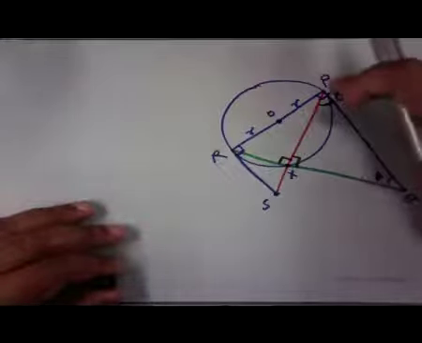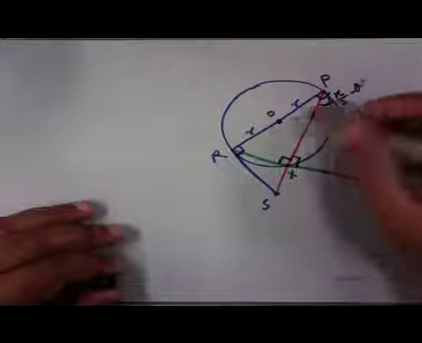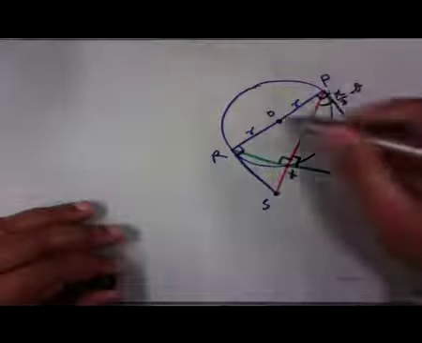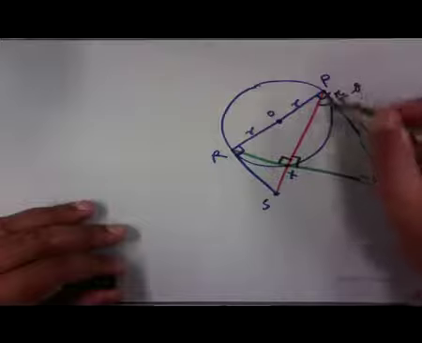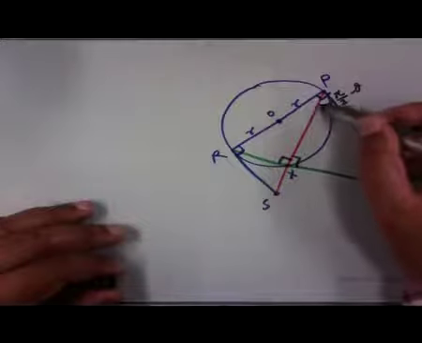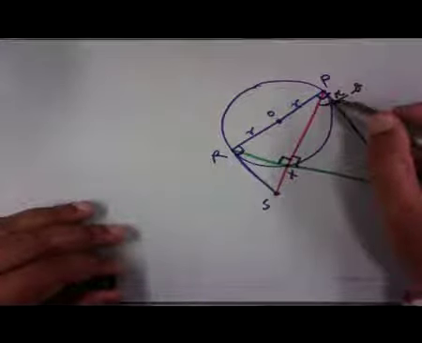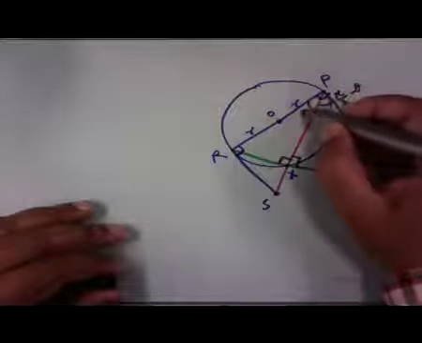Since PQ is a tangent, this angle OPQ is 90, and this part of that angle is pi by 2 minus theta. Hence, it follows that this angle must be theta.